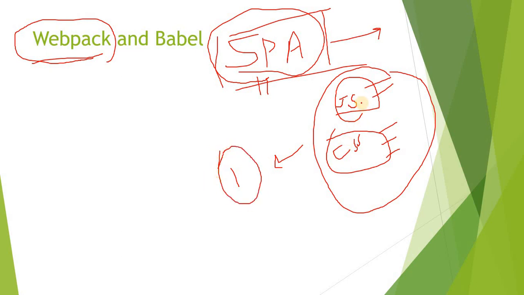It bundles all your referenced JS or CSS files as well as files that cannot be easily understood by the browser. With the help of Babel, you can load these files and convert them to code that can be easily understood by the browser.